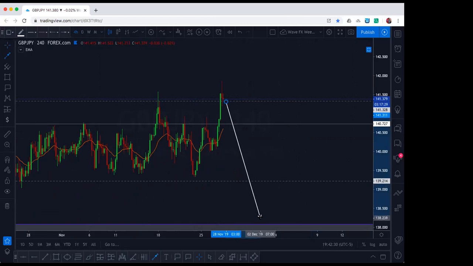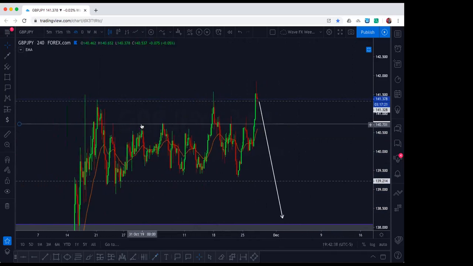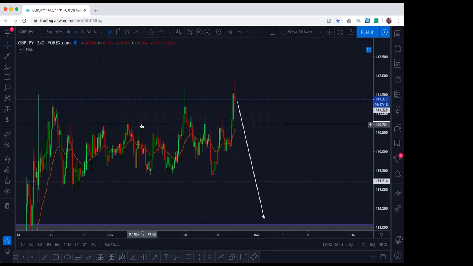But I would simply say, look to short this market, right? I still believe that there are further plays to the upside, but I can't really go too much into this overall move. But I would be looking to short this market all in all. All right.